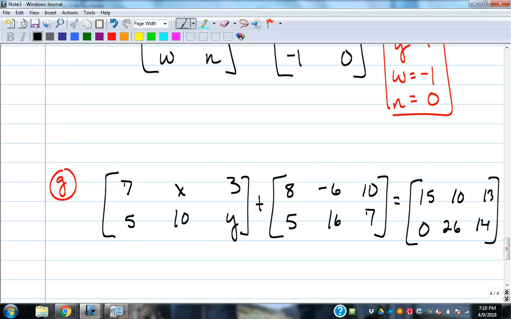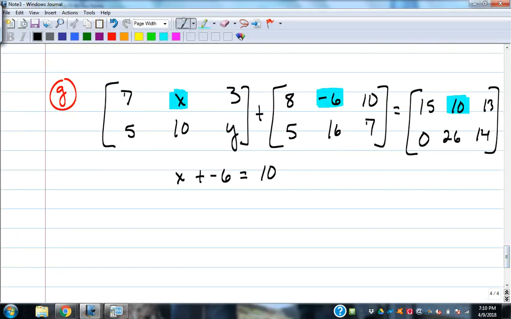We've got an equation that we can solve. If we need to find x, we just set up x plus -6 equals 10, because here we have an x, here we have a -6, here we have a 10. That's where I'm getting that equation, from those corresponding parts that have the variables in them.